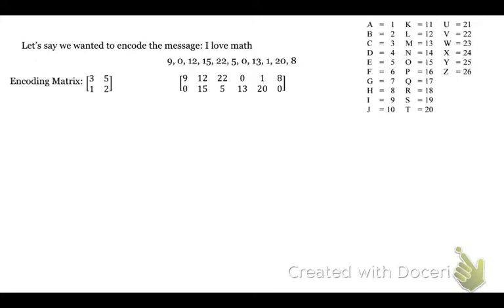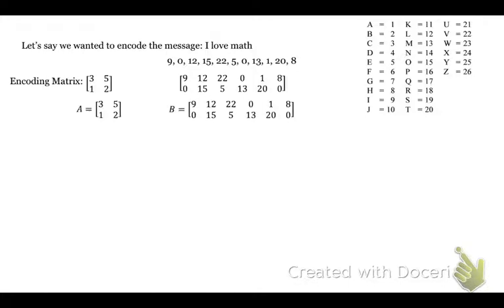You can use anything as an encoding matrix as long as it has an inverse. As far as I understand, you can use anything, it just has to have an inverse. Here, first, I want to encode this to make it into something that is not readable.